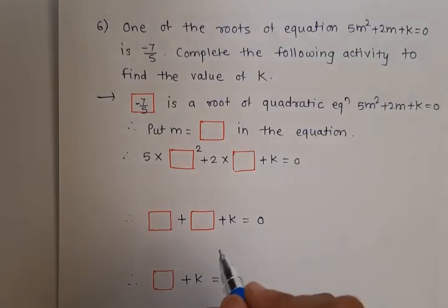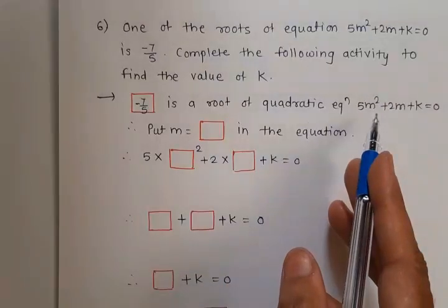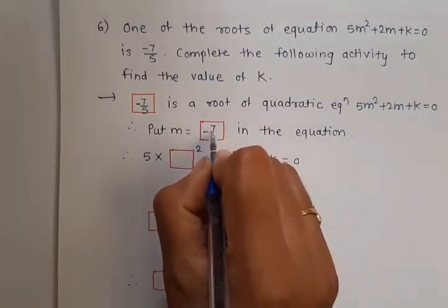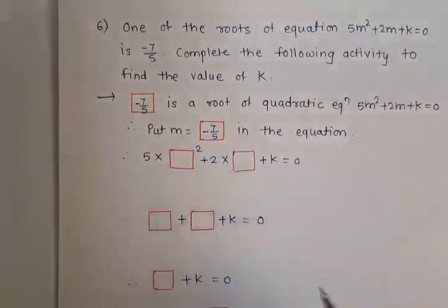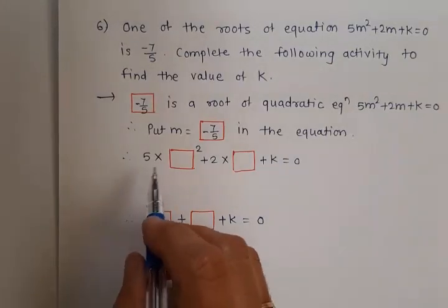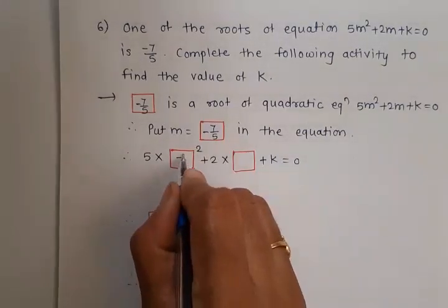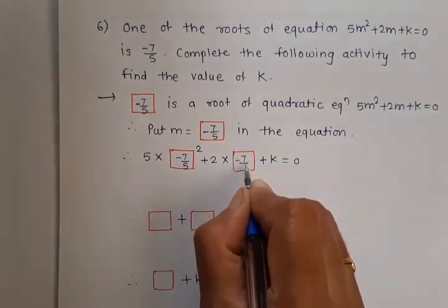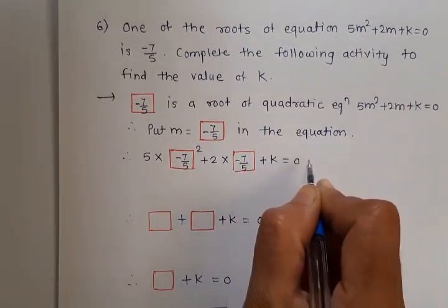Then this is the value of m, because this quadratic equation is in variable m. So m equals minus 7 upon 5 in the equation. So we get 5 into minus 7 upon 5 square plus 2 into minus 7 upon 5 plus k equals 0.